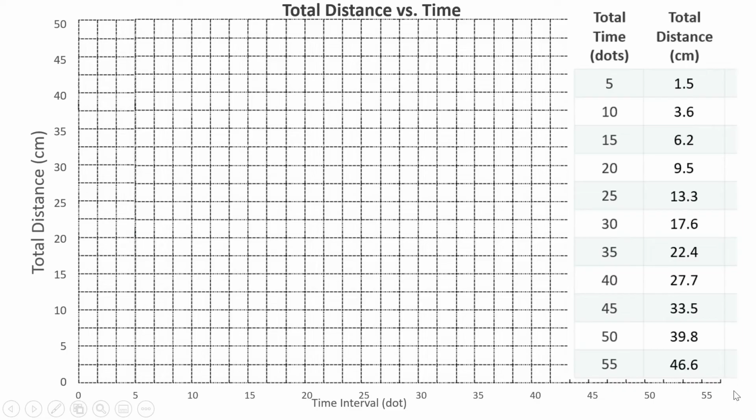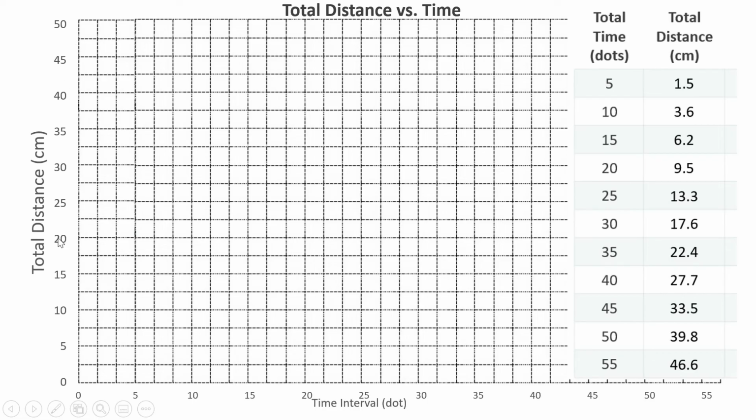For the total distance on the y-axis, my minimum value is 1.5 and my maximum value is 46.6. So my scale should be higher than this. My highest scale here is 50 cm, so I use a scale of 5, 10, 15 to 50.